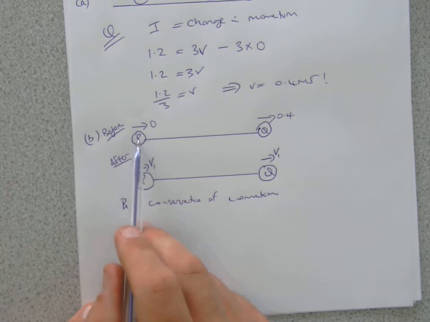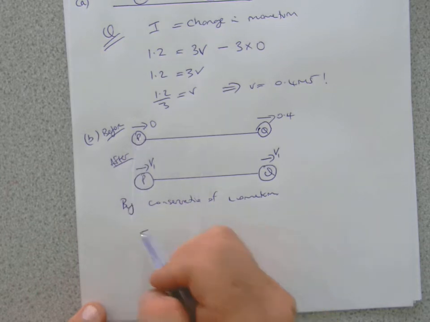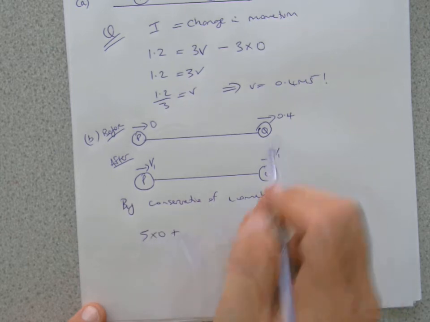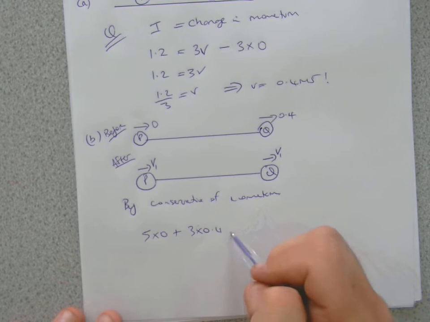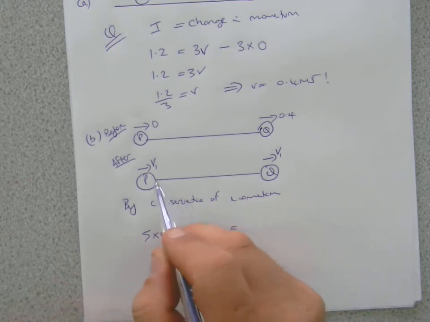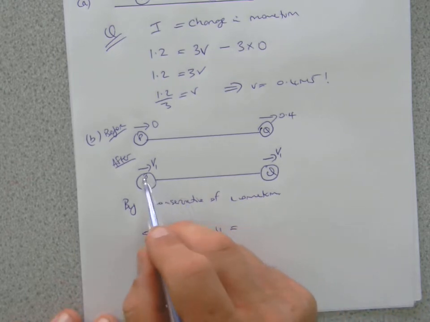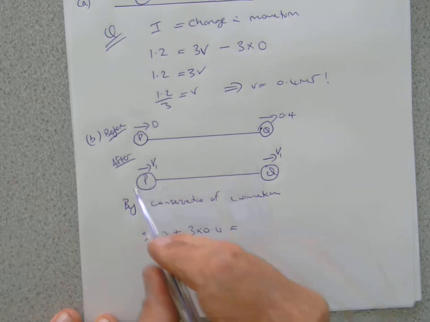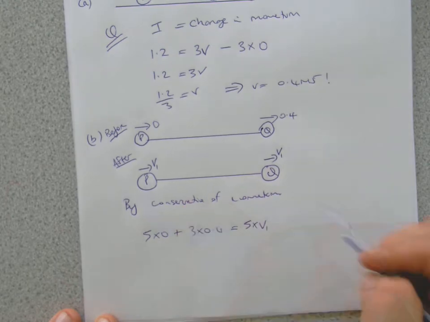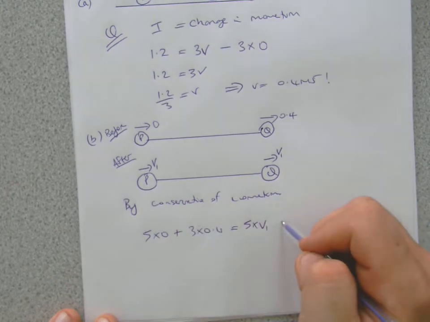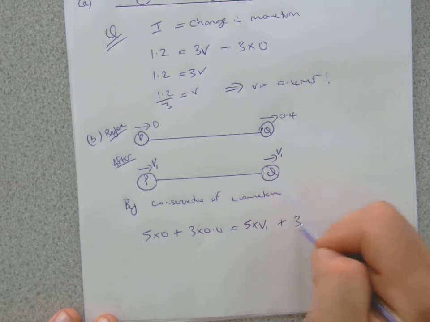We've got this here, so remember the mass of this is 5, so 5 times 0 plus the momentum of this, which is the mass 3 times 0.4, so this is just as the string is getting taut, will equal the momentum slightly later, when this is on the verge of moving with speed v1. So the momentum here will be 5 times v1, because the mass of this is 5, add then this one there, 3v1.